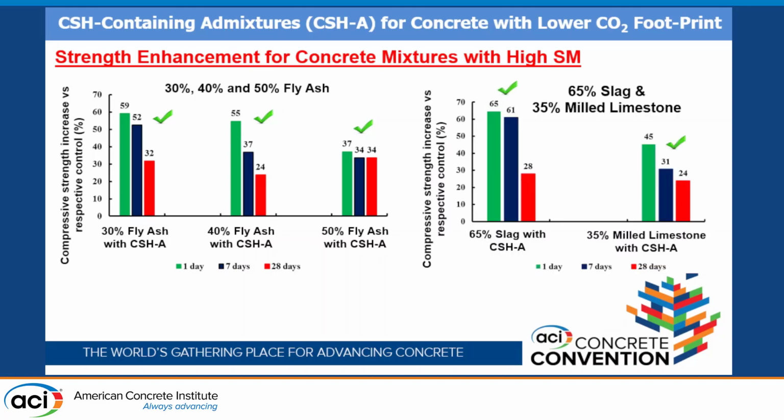In the other case, when we have 65% slag, for example, the increased strength at 1 day is 65%. At 28 days, 28%. Also at 7 days it was high. For the case that we're using 35% milled limestone with the admixtures, we can increase the strength at 1 day 45% and at 28 days 24%.